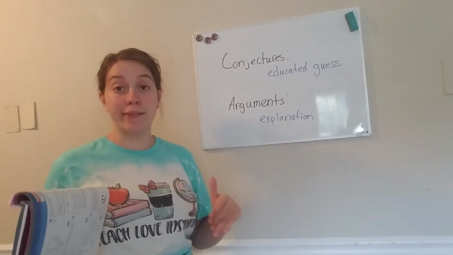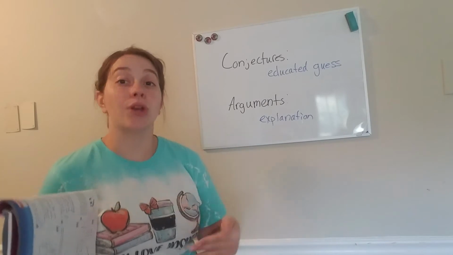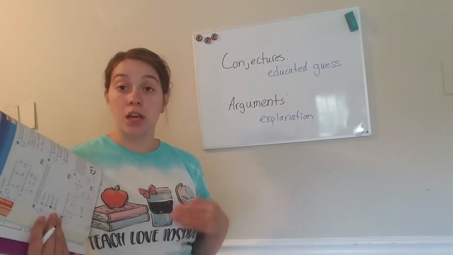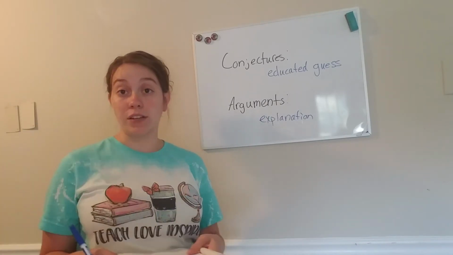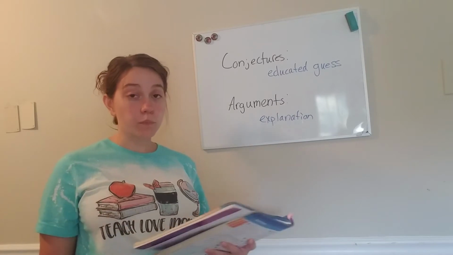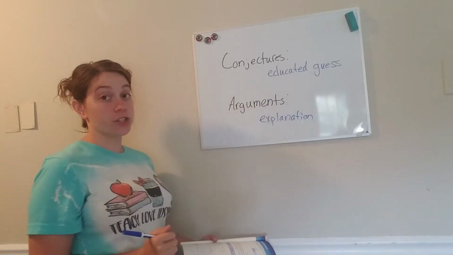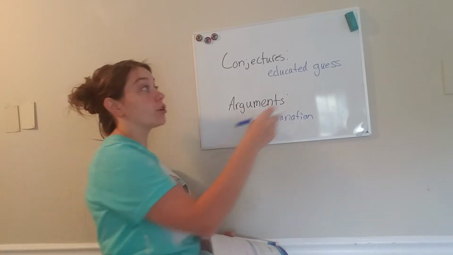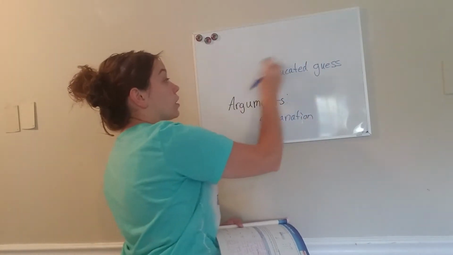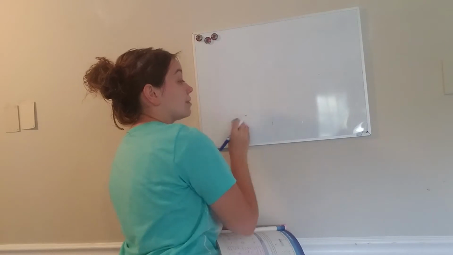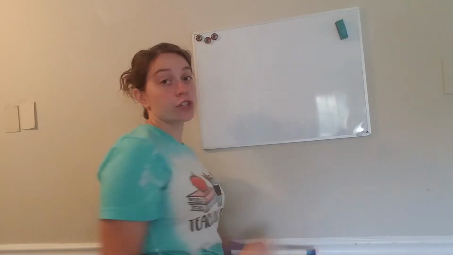So an argument in this sense is not yelling or fighting over something. It's just stating why you believe that that is correct. So a conjecture is an educated guess, an argument is your explanation. All right, so let's look at our chart.